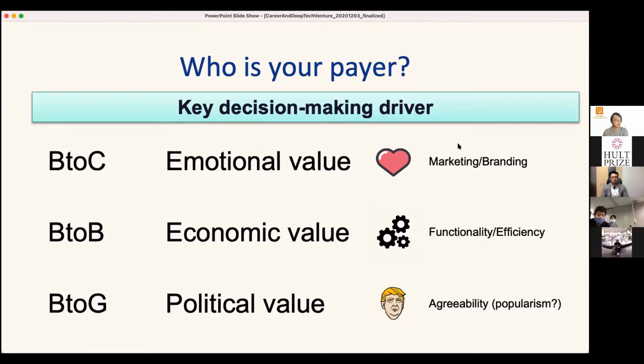So the important activities would be marketing activities and branding activities. So just imagine that Unilever and P&G and those consumer-facing businesses spend tons of money on their marketing and branding. Because the key decision-making driver is the emotional thing. So that's the B2C business.